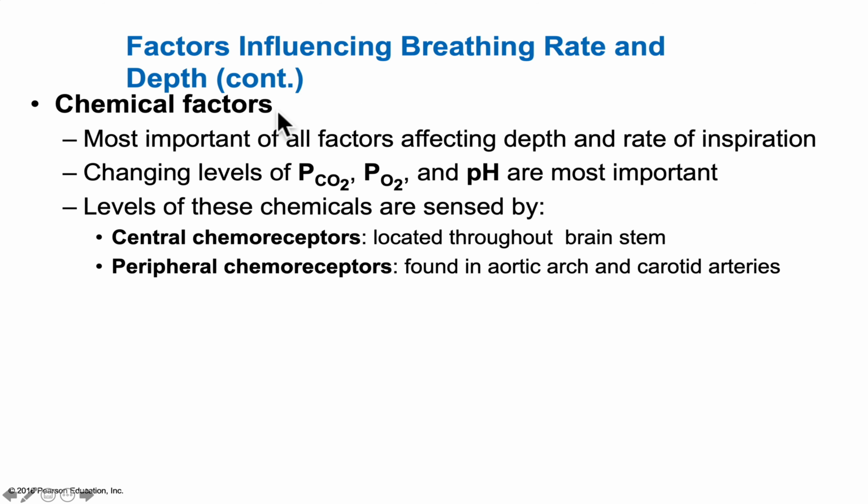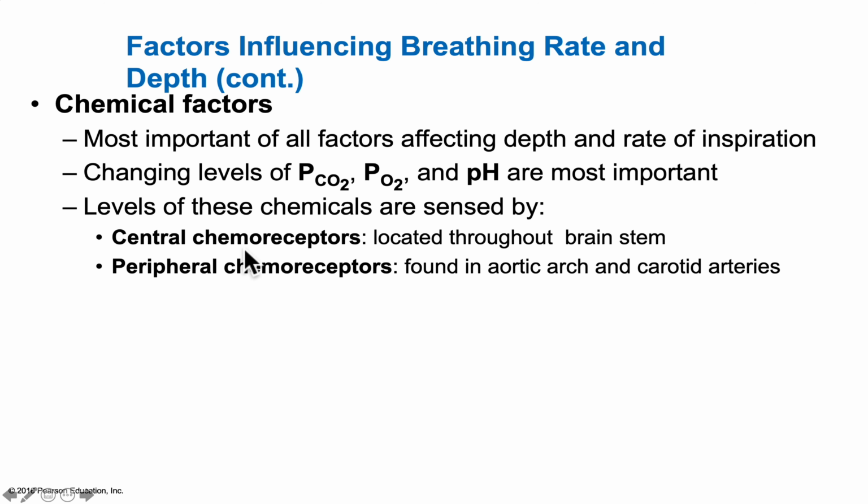Amongst all the factors that influence breathing rate and depth, the most important are changing levels of carbon dioxide, oxygen, and hydrogen ions in arterial blood. In our body, we have sensors that monitor these chemical fluctuations, which are called chemoreceptors. We find chemoreceptors in two major body locations.